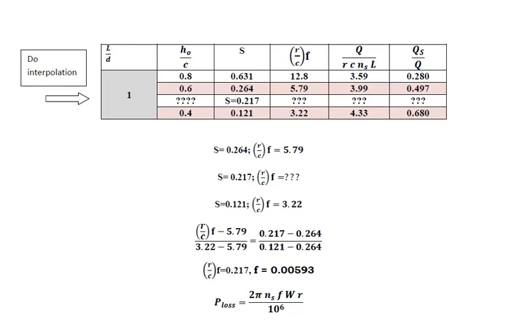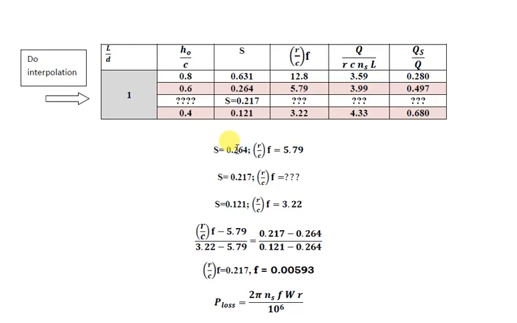Now we will find the coefficient of friction. For coefficient of friction, we have to go to the unitless parameter R upon C into F, where F is a coefficient of friction. So we will repeat the above process. We will write the corresponding S value and R upon C into F values.